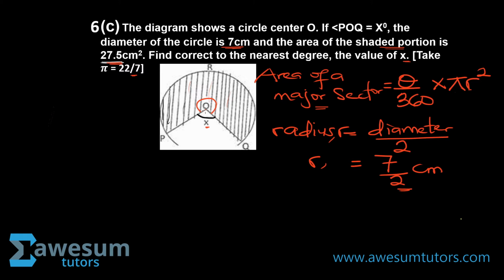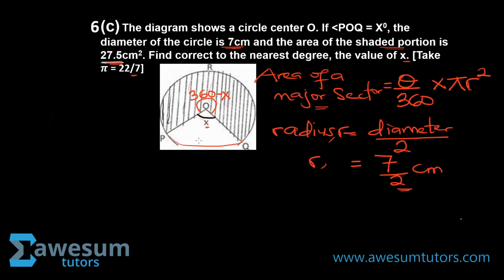So if the angle at a point is 360 and we already know this one to be x, what is this side going to be? That side is going to be 360 minus x. I hope you guys get that now. Take note again. You have been given this angle right here to be x. This angle x is for this minor sector right here, which is not shaded.